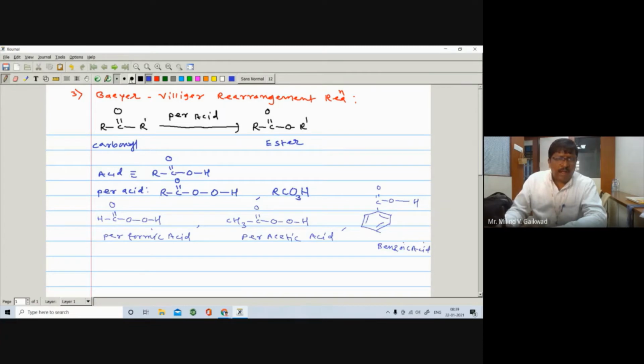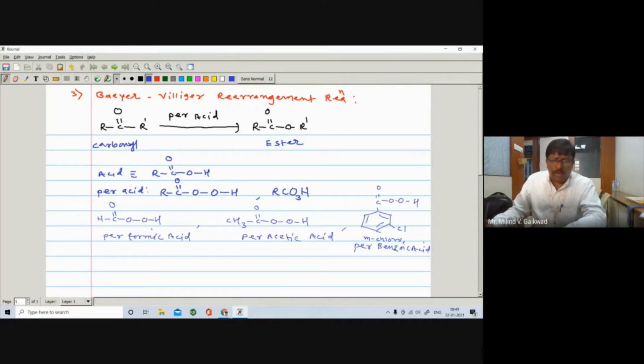And suppose I add one more oxygen, then it is called perbenzoic acid. Suppose I put a Cl on the meta position or para position, then it is called metachloroperbenzoic acid. So in this way we can name the various per acids.